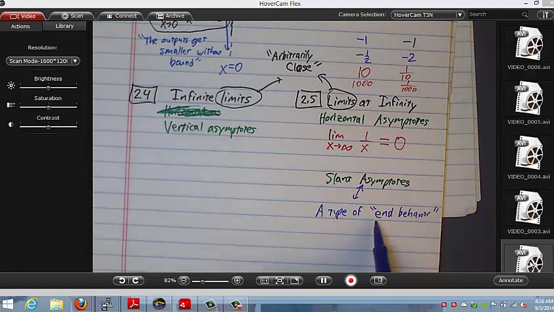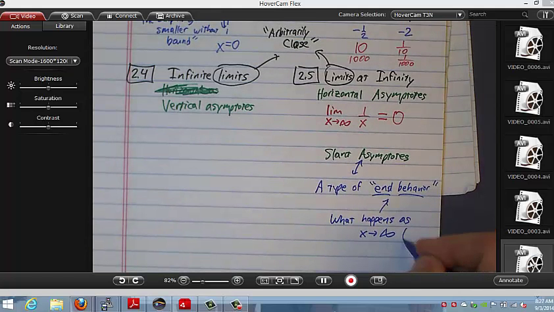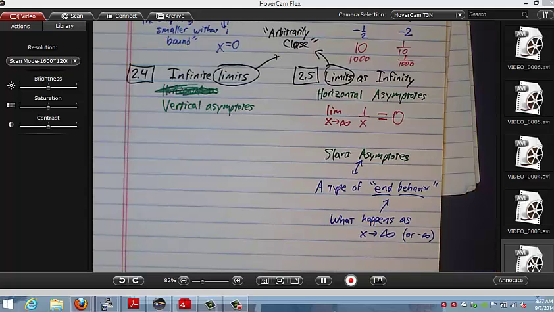When you see the words end behavior, what that means is what happens as x approaches infinity or negative infinity. End behavior.